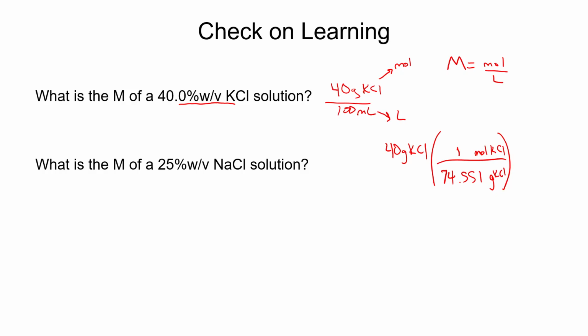We got 0.536 moles. And this has to be converted to liters. So we have 100 mils. Mils is on the bottom, liters is on the top. 1 liter is equal to 1,000 mils, and we got 0.1 liters.